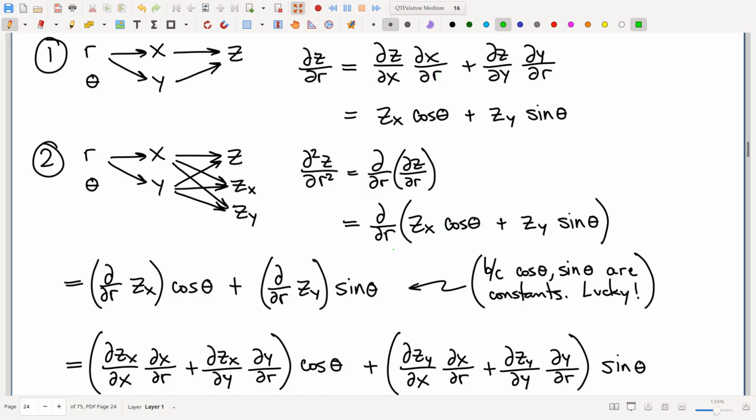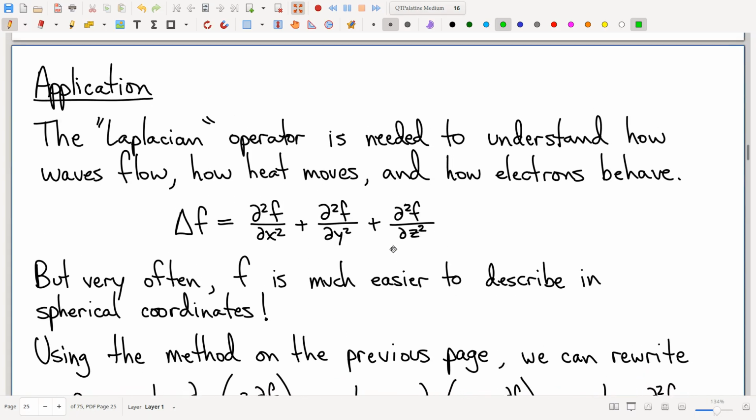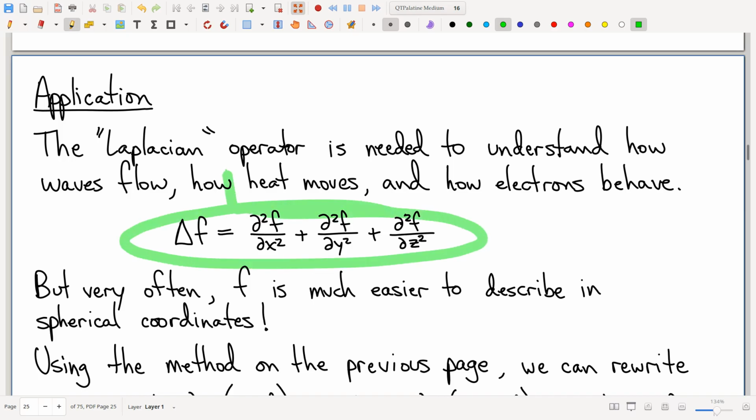Okay, now I'm going to show you an application of this. Not of that exact example, but of why it would be useful to know how to do second derivatives with the chain rule. And the example I'm going to use comes from this thing called the Laplacian operator. Some of y'all may have seen this before here or there. We're going to use the Laplacian operator for a few things in this class. It's kind of nice examples of various things.